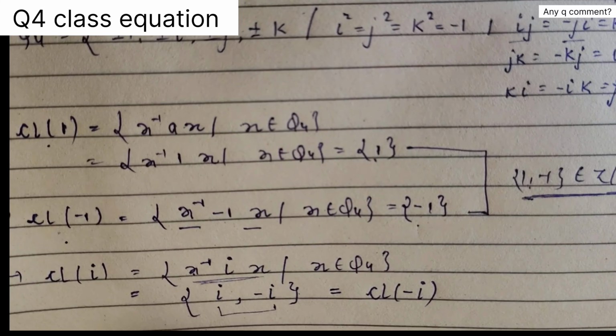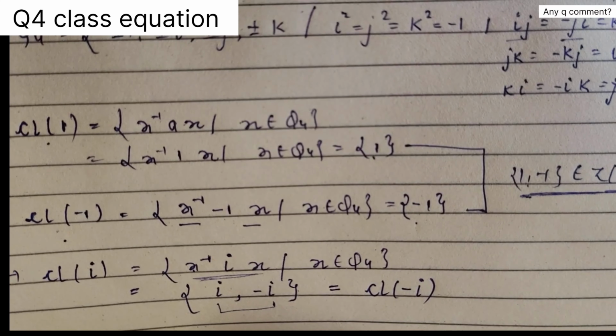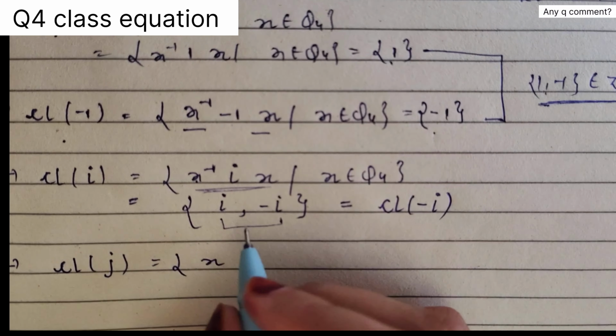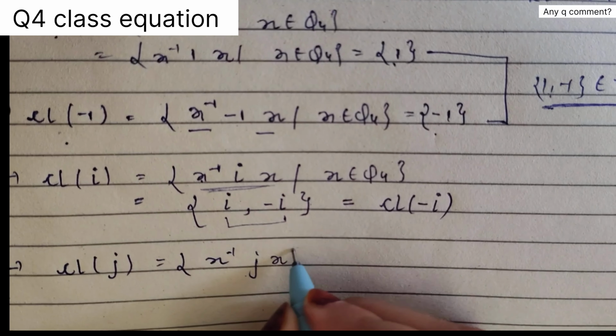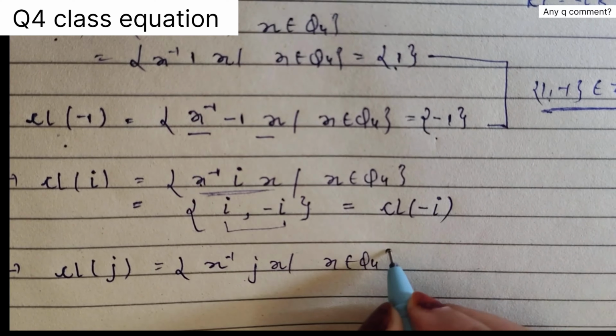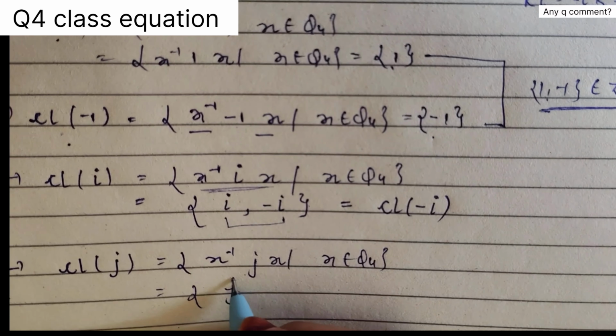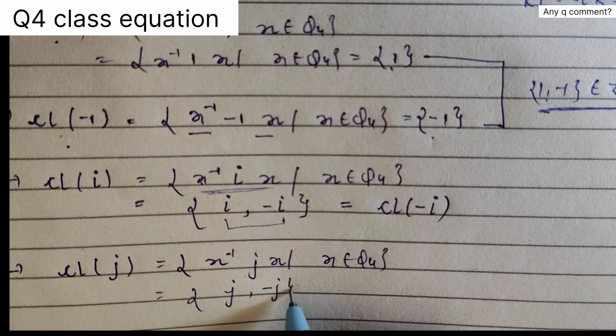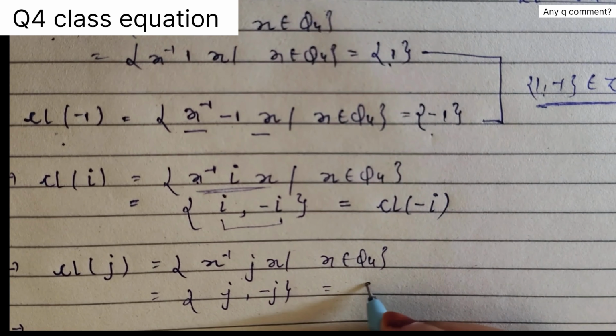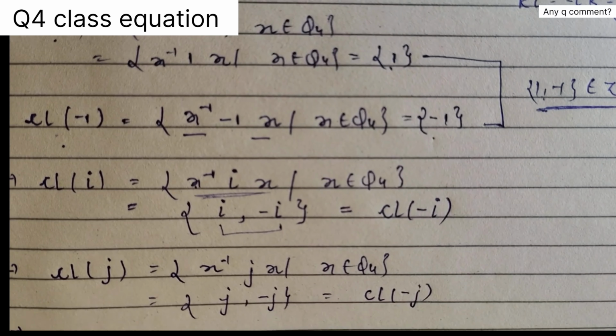Similarly, class of j will contain x inverse jx for x belonging to Q4, and it will again consist of j and minus j. That is equal to class of minus j.